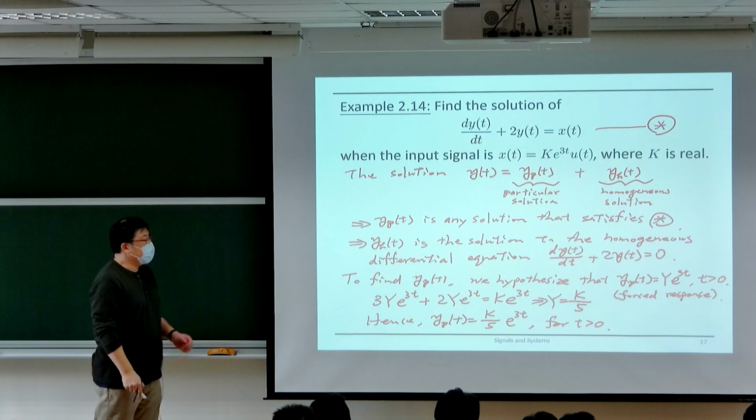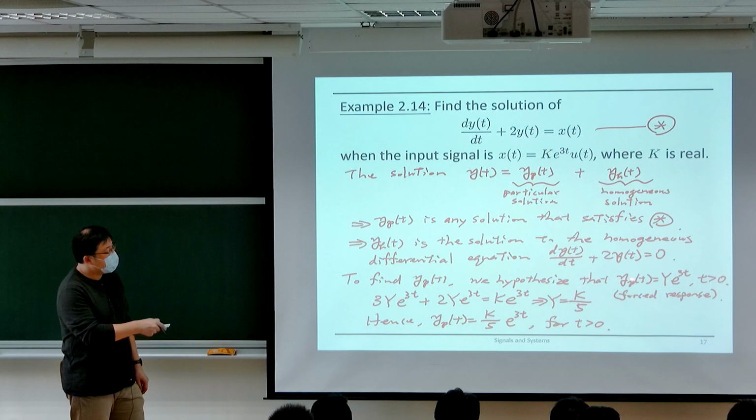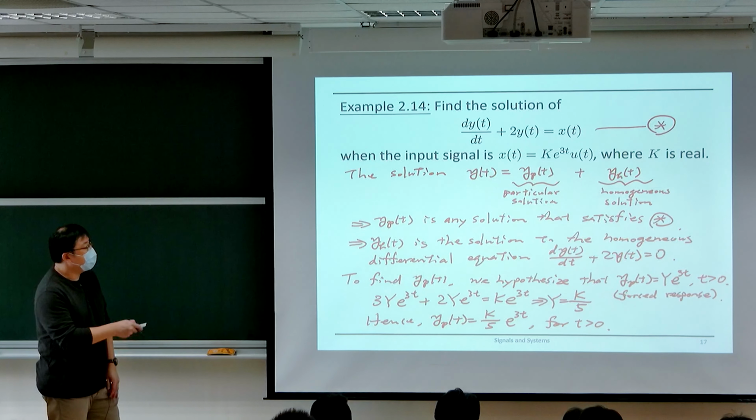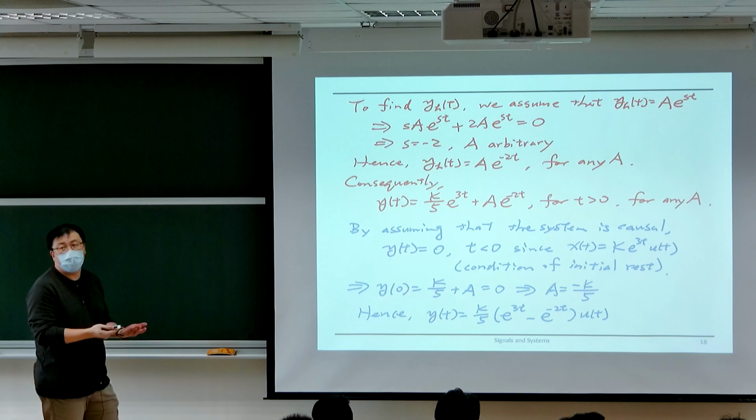For a particular solution, we first guess that it should take on the form of the input. We substitute it in and find that indeed this is true with y equal to k over 5. And then to find the homogeneous solution, we also make a common guess where y sub h of t also takes on this exponential form. We substitute it inside and find that this indeed is true if you choose s equal to minus 2, with a that is arbitrary.